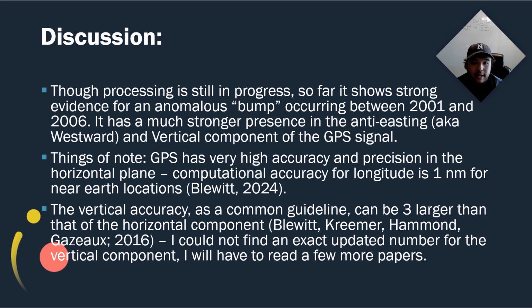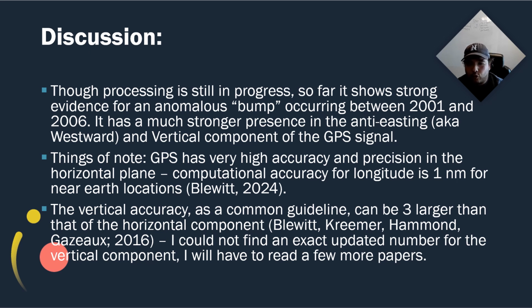Certain things to take note of is that the GPS currently has a very high accuracy and precision in the horizontal plane. For example, computational accuracy for the longitudinal component is 1 nanometer for near Earth locations, and you can read about that if you want to read Jeff Blewett's recently published paper. I can't quite wrap my head around it. Currently, it's super math heavy, but it's an interesting read.